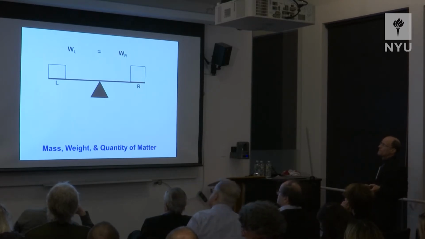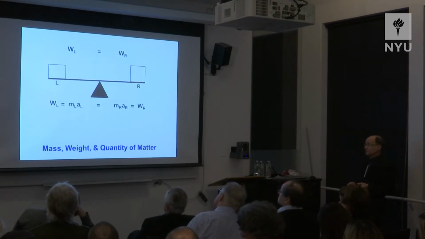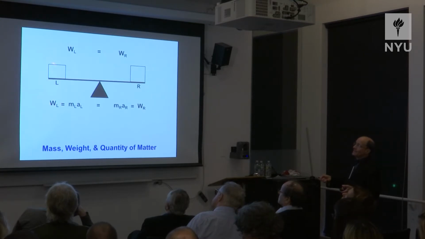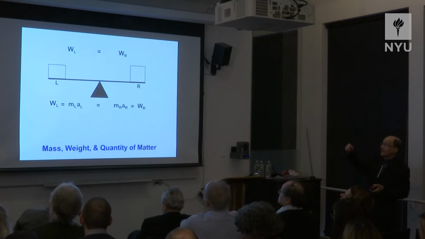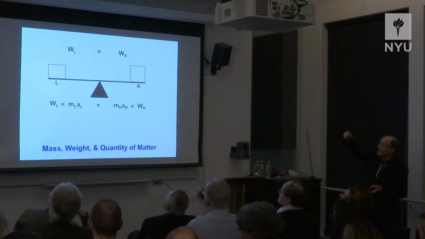Fine. So what does this have to do with the different kinds of mass that Newton introduces? Well, here's inertial mass, and according to Newton, this weight is actually due to the force of gravity of the Earth as it is pulling these things toward the center of the Earth.